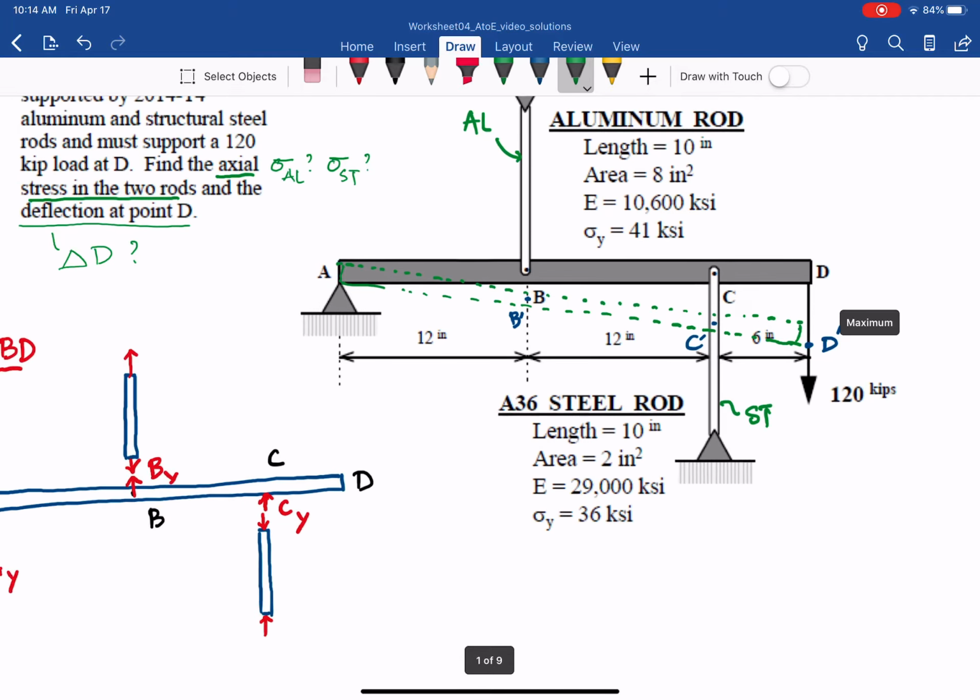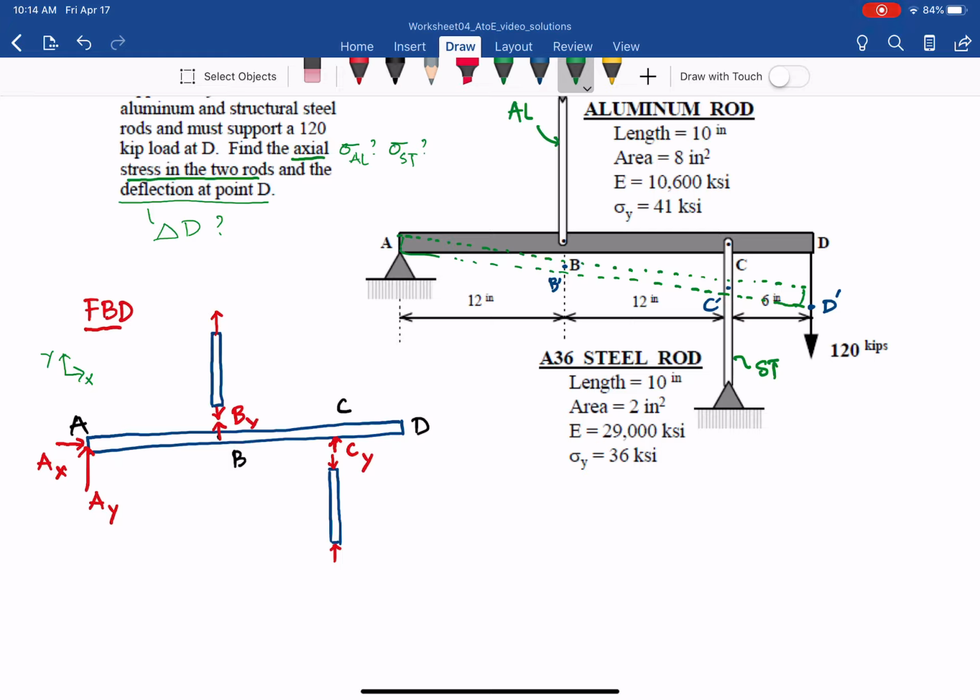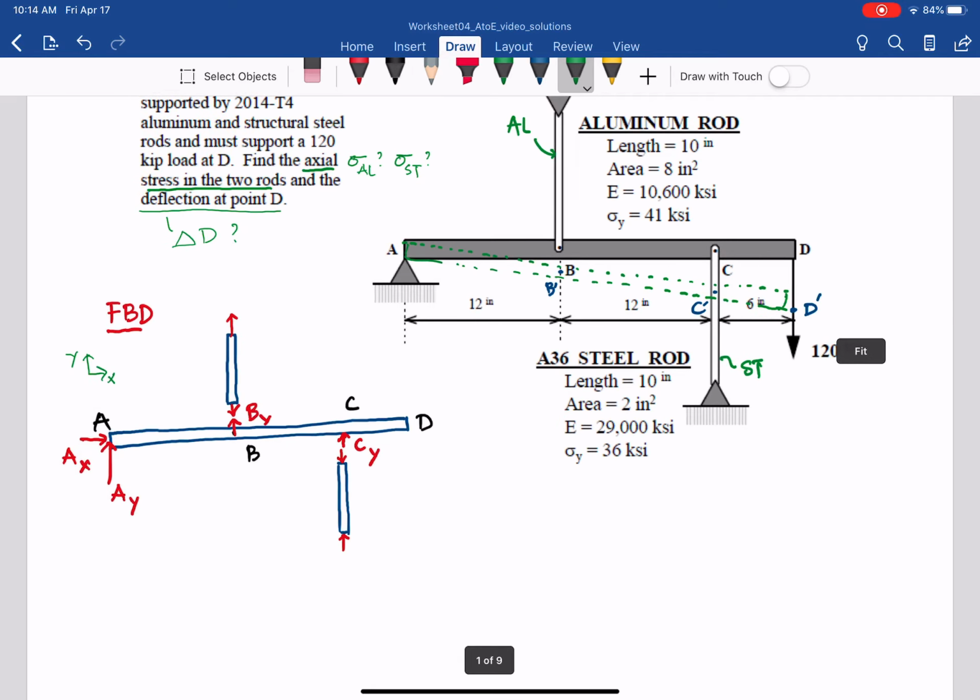The aluminum rod, the top one, is in tension, and the deformation will be positive. The length of the rod will be increasing. If we apply 120 kips going down at D, the steel rod, the bottom one, will be in compression because its length will contract, due to the load of 120 kips applied down at point D.